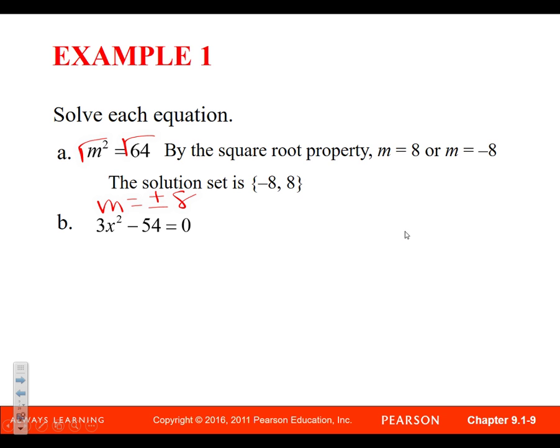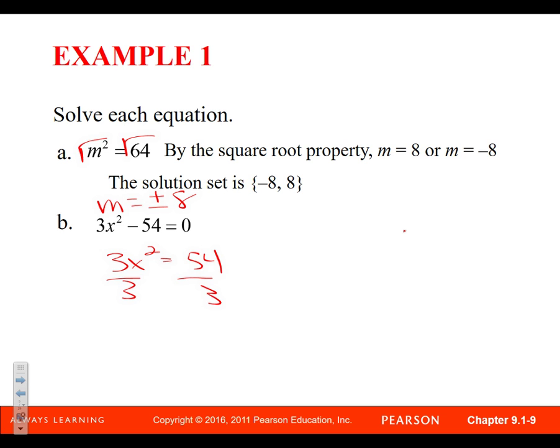Next question. 3x squared minus 54 is equal to 0. 3x squared is equal to positive 54.